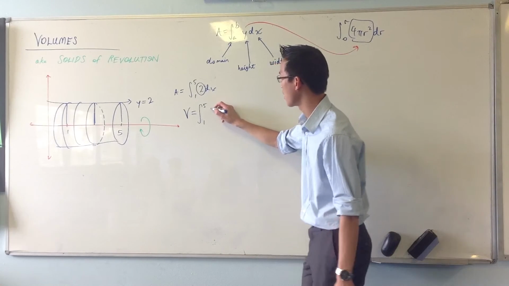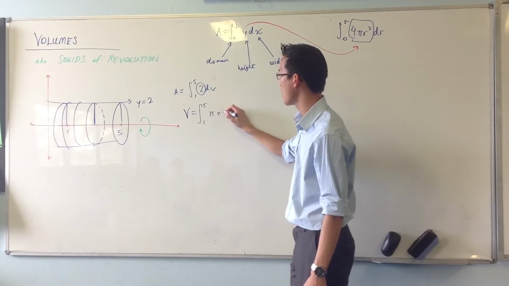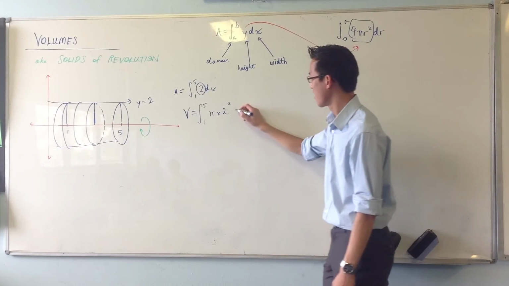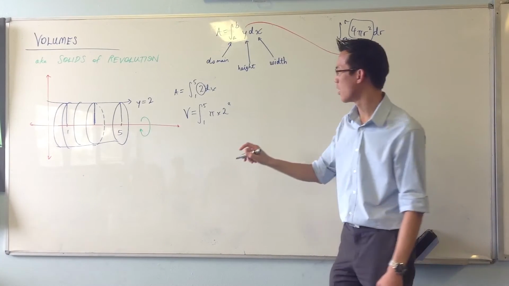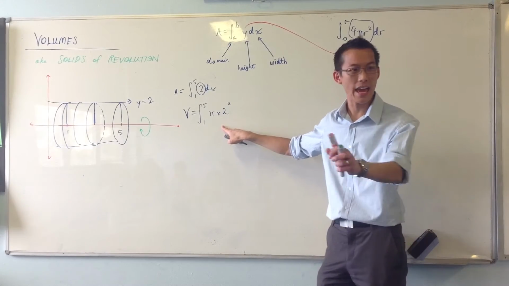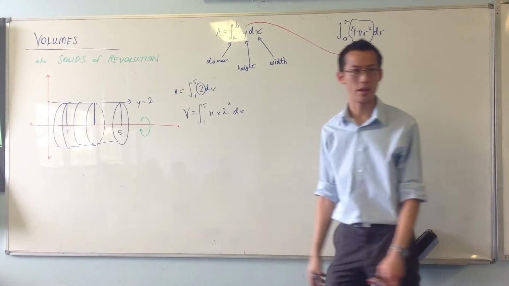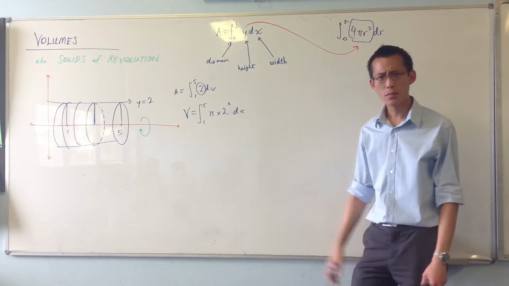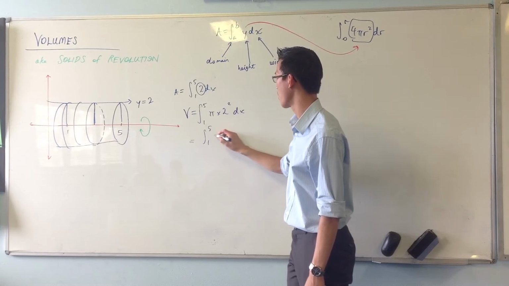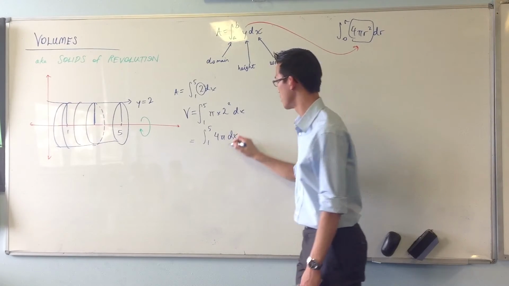So I'm going to get pi times 2 squared. Wait, you said your radius is 4. Oh, did I? Sorry. Radius is 2. 2 squared is 4, and I need a width. So what am I going to get out of this? Well, let me just tidy this up. This is the integral from 1 to 5 of 4 pi dx.